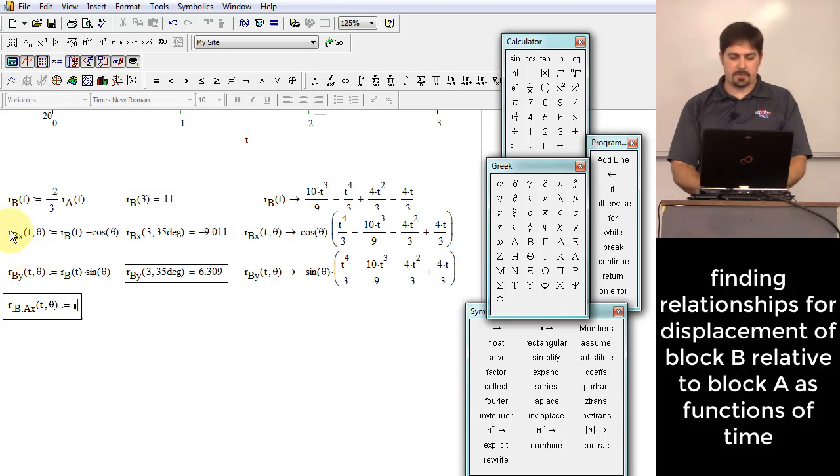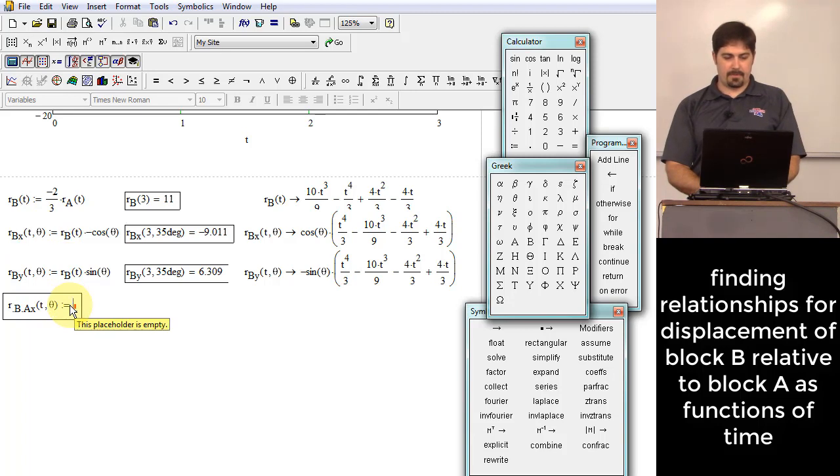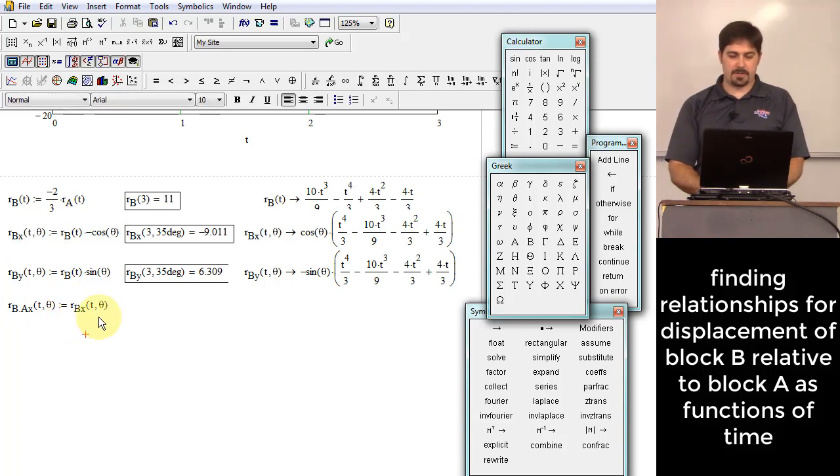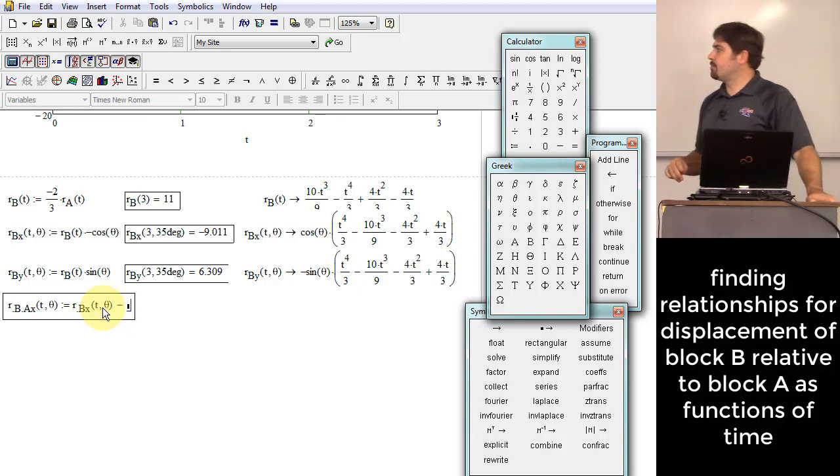So in the x direction, here is my function. This is the name of it. This is my function in the x direction for the position of B. Okay. And I've been using the term position. I really mean displacement, right? So the term for the displacement of A, what's its value going to be?